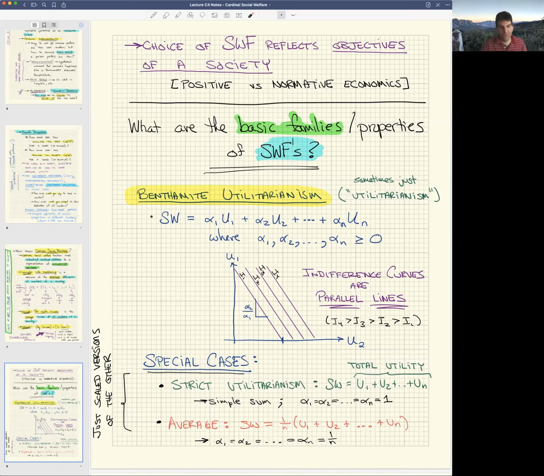And so for this social welfare function, if we were to plot indifference curves, we would put the individual utility on one axis and another individual's utility on another axis. And the indifference curves represent exchanges of utility between those individuals that come up with the same social welfare.